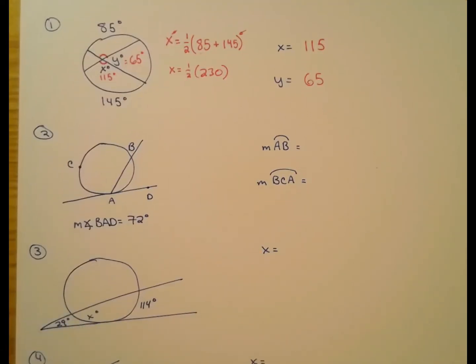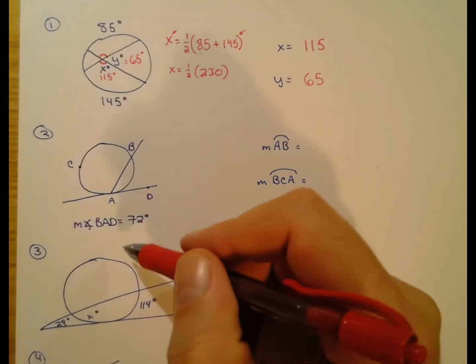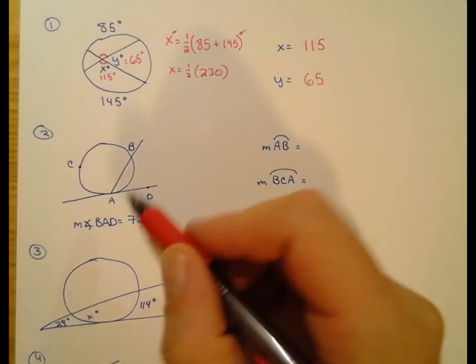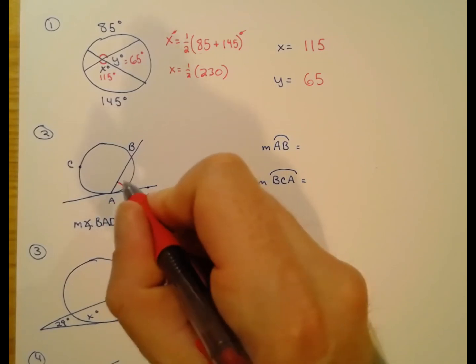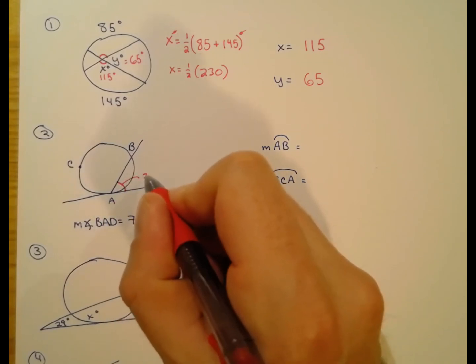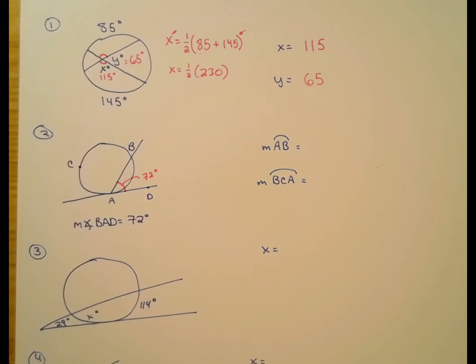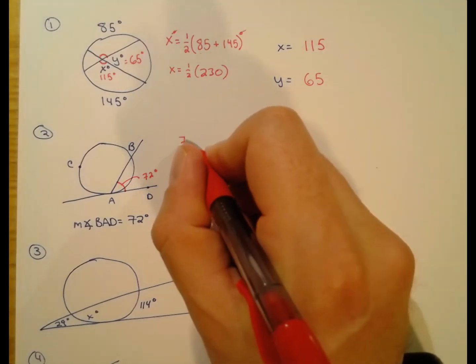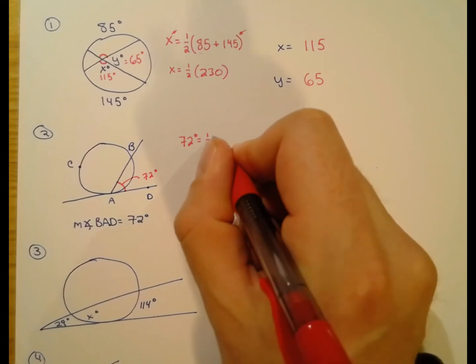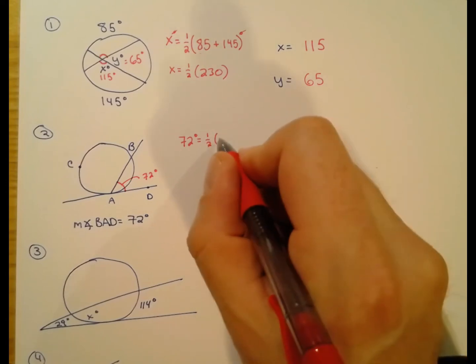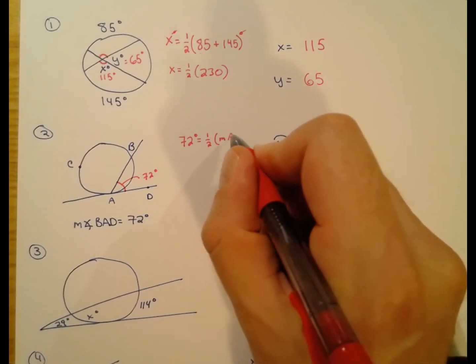All right, here in number 2, we have the measure of angle BAD. This angle right here is 72 degrees. And the theorem states that the angle is exactly half the measure of the intercepted arc.